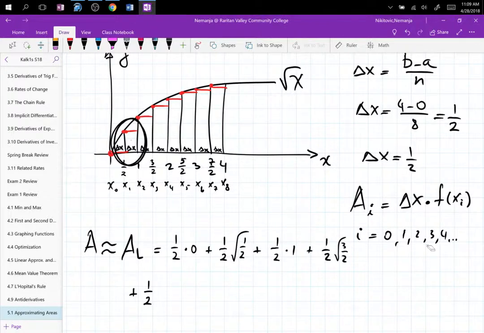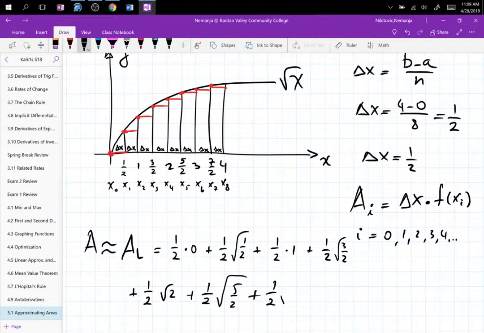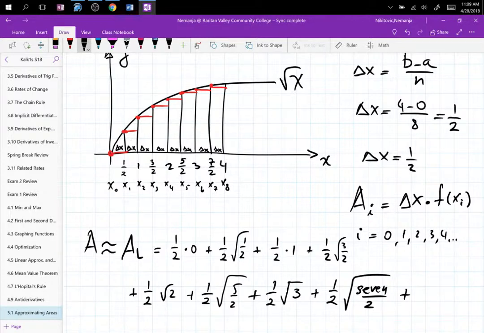So the first one is always 1/2, which is delta x, and the second one is the function computed at the value for that. So the next one is root 2 plus 1/2 square root of 5/2 plus 1/2 square root of 3 plus 1/2 square root of 7 divided by 2 plus 1/2 times 2.